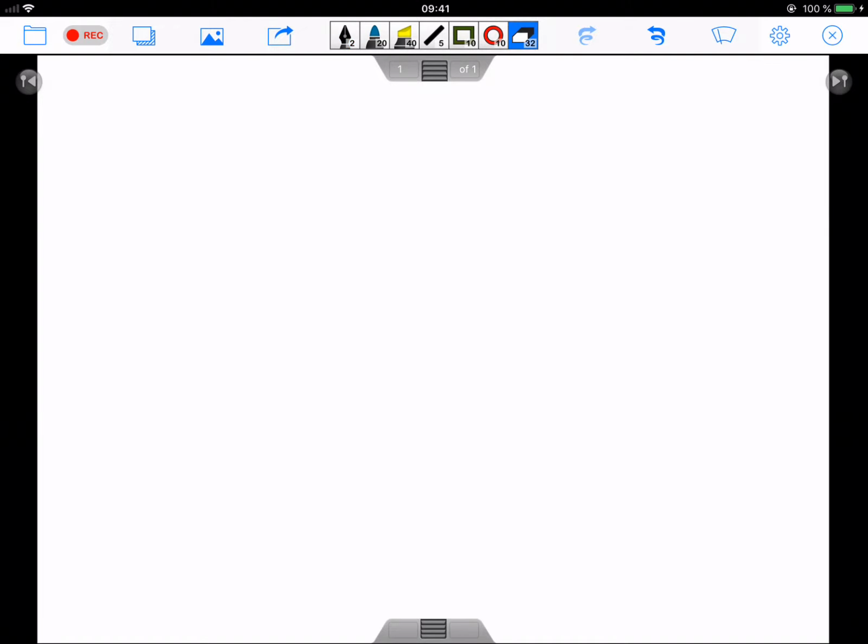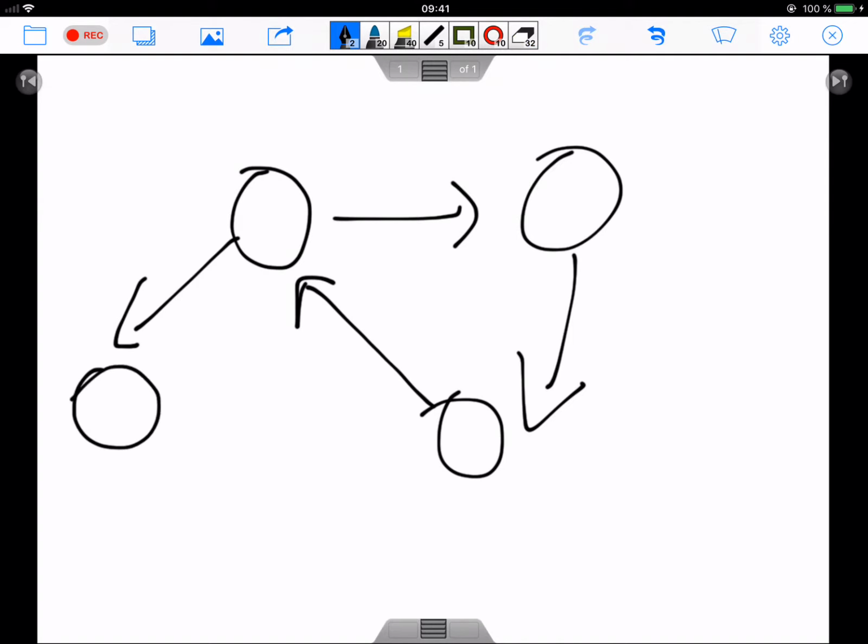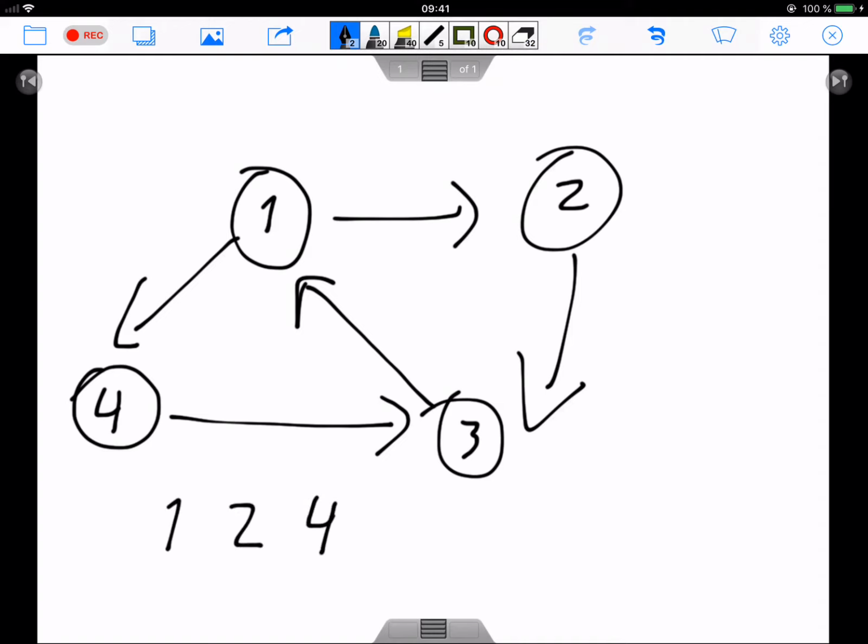strongly connected, okay? So for instance, if I have a graph like this one here, in this case, this graph is strongly connected. Let me give names to the different vertices, and notice that I can go from 1 to 2, also to 4, and then I can go also to 3, for instance, using this path here.